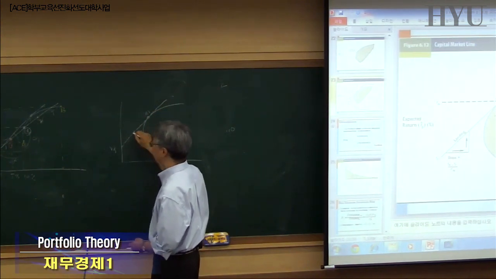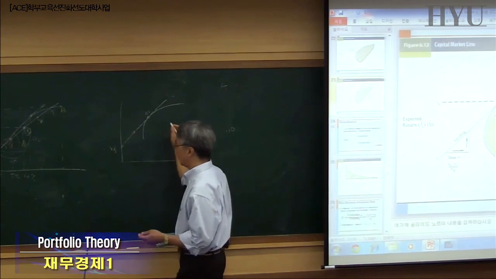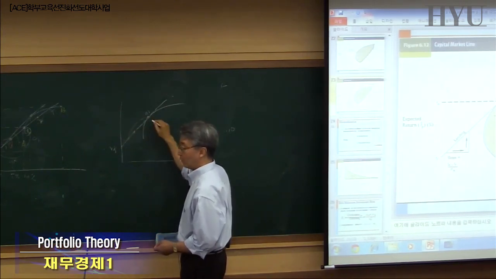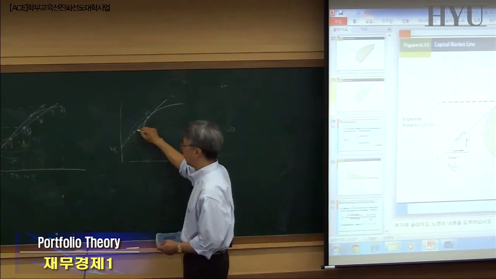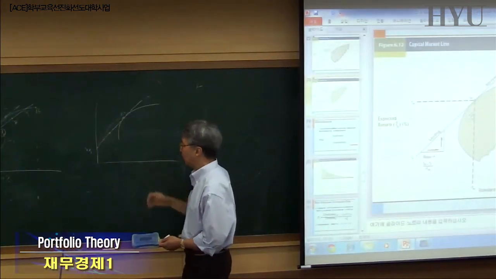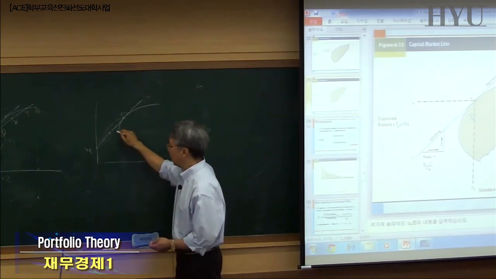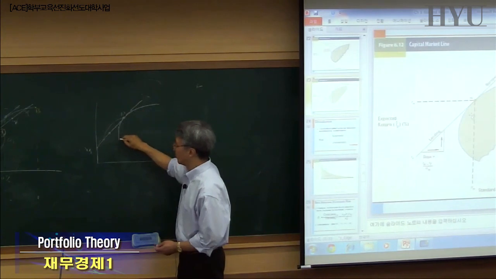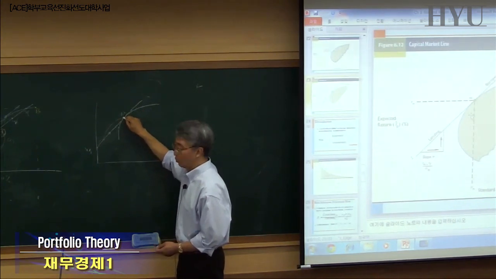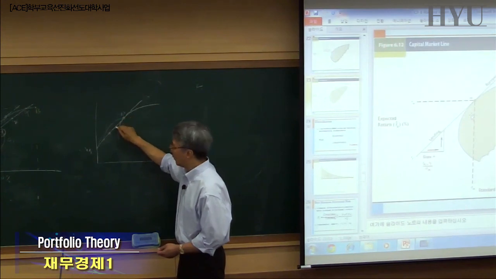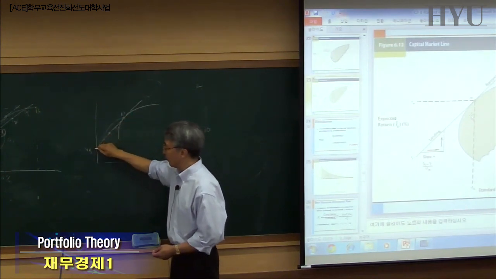Yes, you can take any midpoint. If you want, you can go 25, 75, 50, 50, right? You can take any combination, right? And I was saying, if you understand that, then you're not going to take any other combination because all other combinations are inferior to this portfolio, or any combination in between.